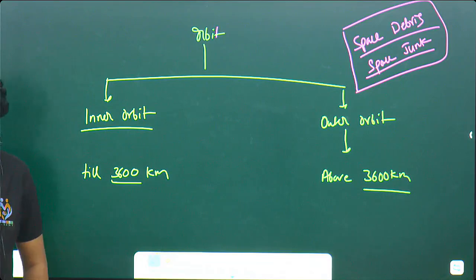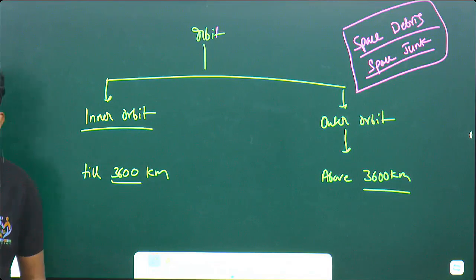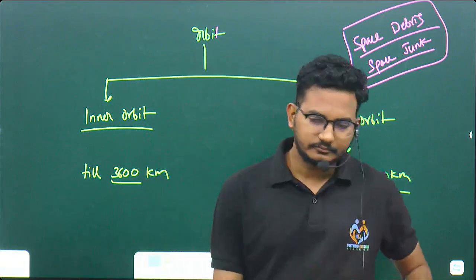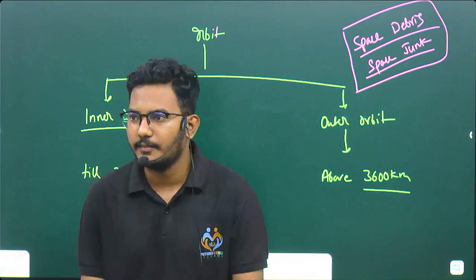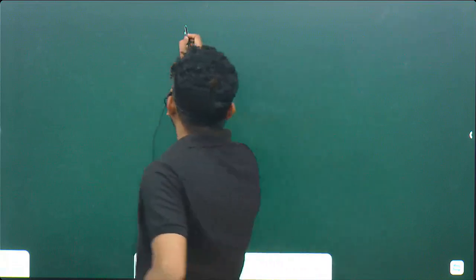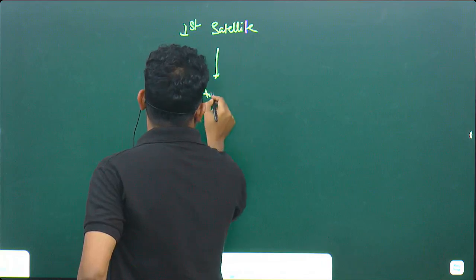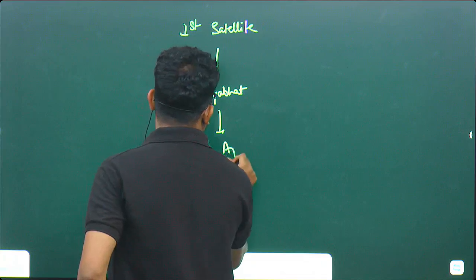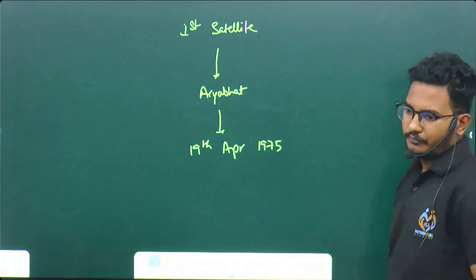First satellite launched by India is Aryabhat. On which date? 19th April 1975.